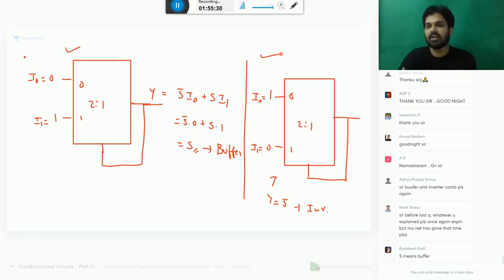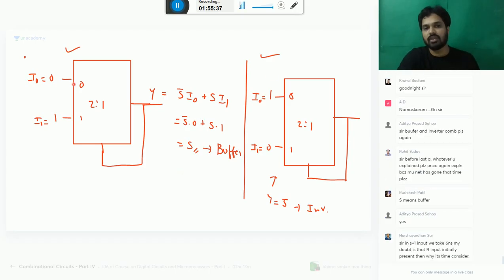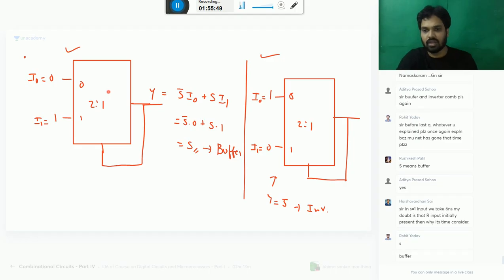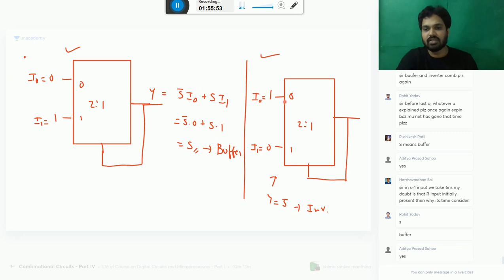If you don't have a doubt, I can proceed. When I0 is 0 and I1 is 1, you place them in the equation, I0 0, I1 1. Y is the same as the input, which means it is like a buffer. Wait, Harshvardhan, I will clear it. Let me complete this, then I can come to your doubt. Similarly, when I0 is equal to 1 and I1 equal to 0, it is an inverter.